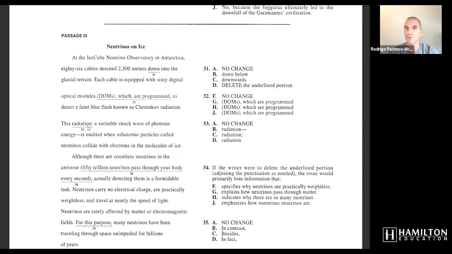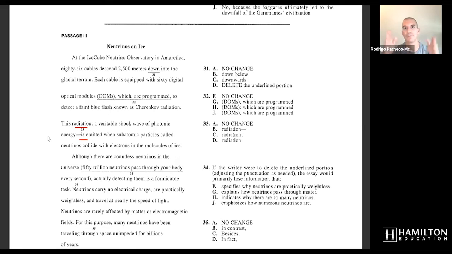So to identify the components of this sentence, the components that we need for a clause, we need a subject and we need a verb. So everything else in between here is non-essential, and we can test that by reading the sentence without those non-essential elements. So we can easily say, this radiation is emitted when subatomic particles called neutrinos collide with electrons. Right, we can go from the subject to the verb.